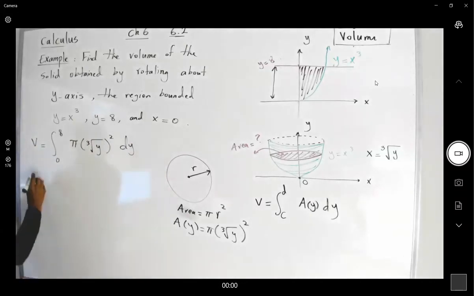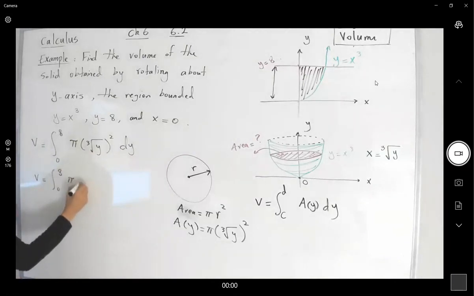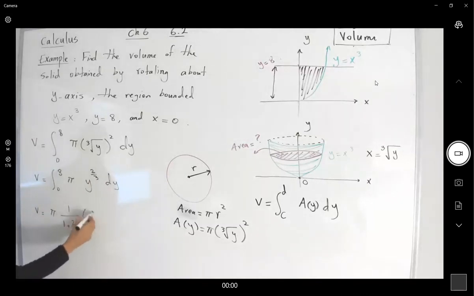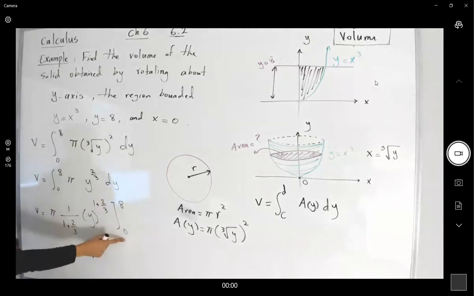This is not that hard. Taking the integral from 0 to 8 of pi, here you have y to the 2/3 dy, so the volume is pi times 1 divided by 1 plus 2/3, y raised to 1 plus 2/3, and y is in between 0 and 8. Again, I'm not really worried about 0 because this guy is going to be 0. The only thing is 8, and we need to plug that into the volume formula.